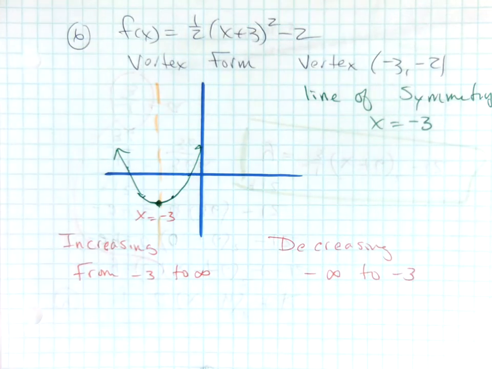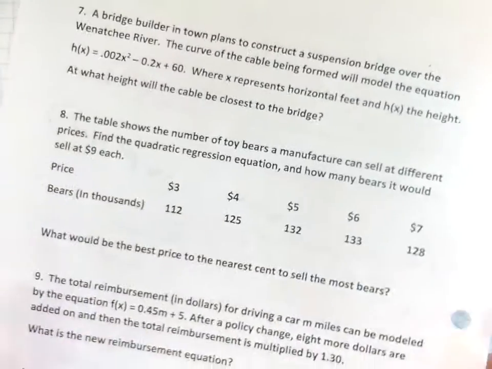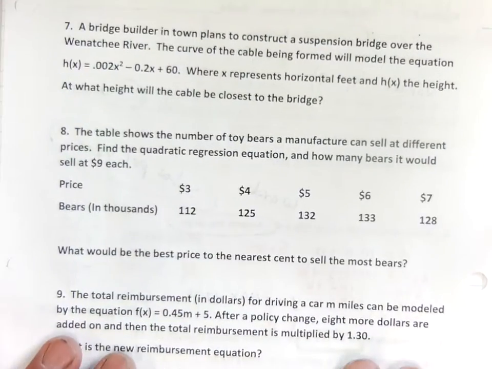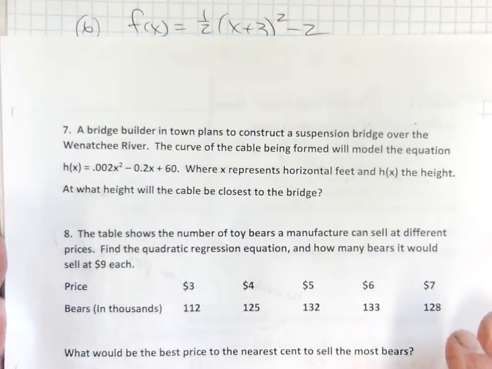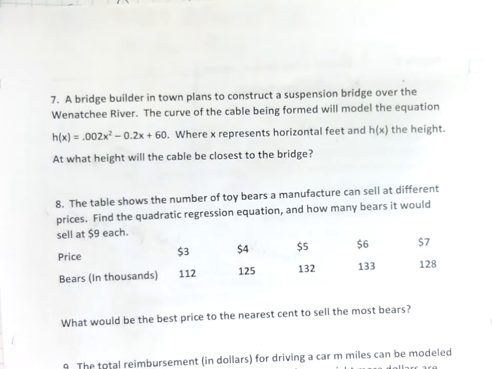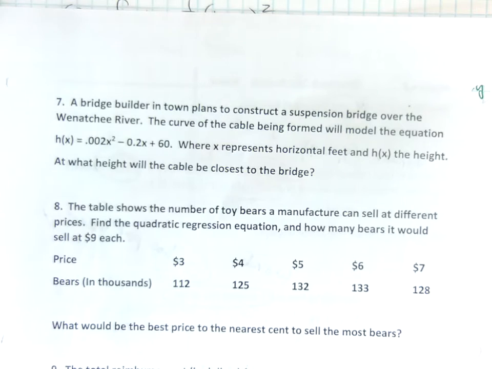All right, now, ready to turn the page? Okay, now number 7's not hard. It's really not. If I draw a picture, it's going to help. A suspension bridge. It's like the Golden Gate Bridge, or like the bridge in Wenatchee that has that big water tube in it that has the bike path.